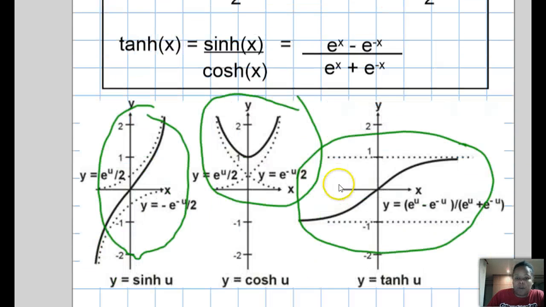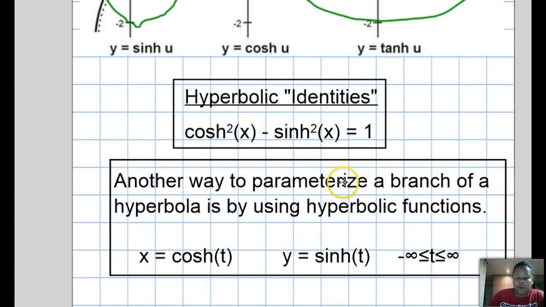Both of them represent parameterizing a branch of the hyperbola. And again, this is only the right branch, and if I want to parameterize the left or negative branch, I place a negative in front of each of these. So you need to be able to do that.